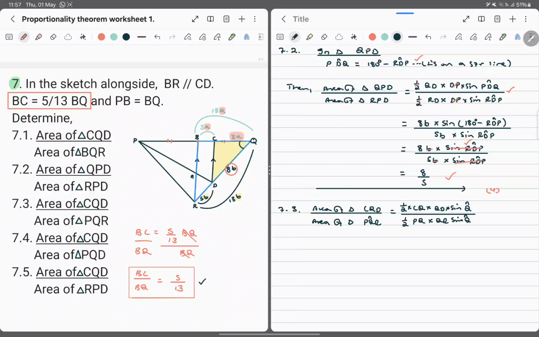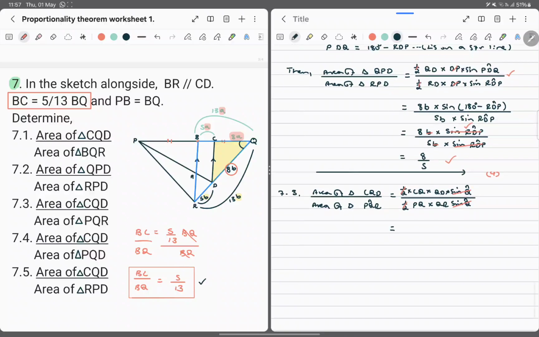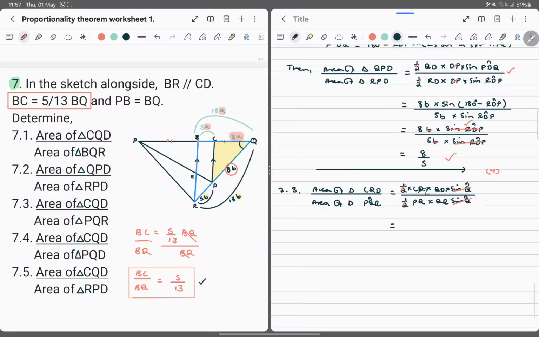Again, choose the angle that is common so that we can do elimination. The key with these ratios is to attempt to eliminate something. Obviously, the halves divide to 1, and 1 is invisible. Sine Q divides sine Q into 1, which is also invisible. So all we have to deal with is CQ.